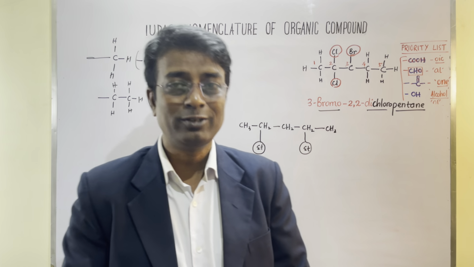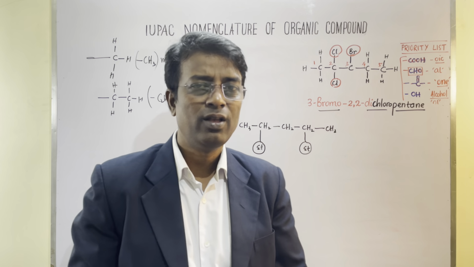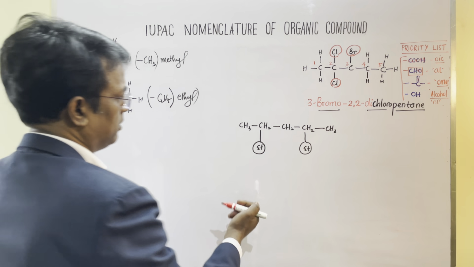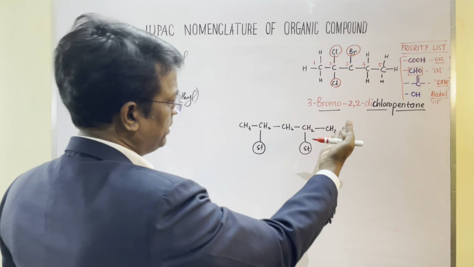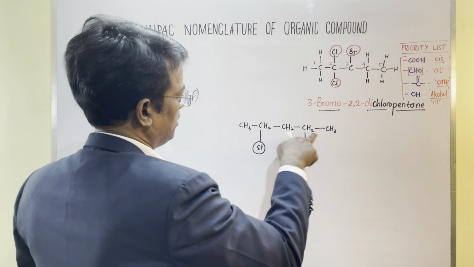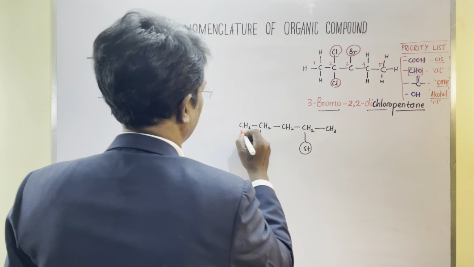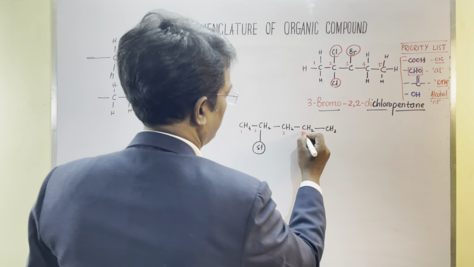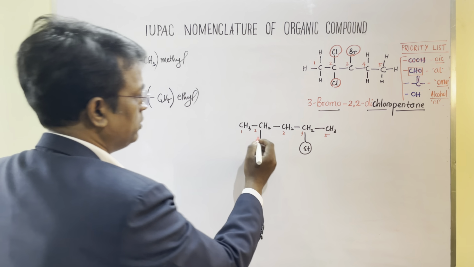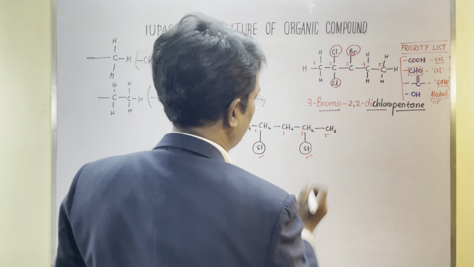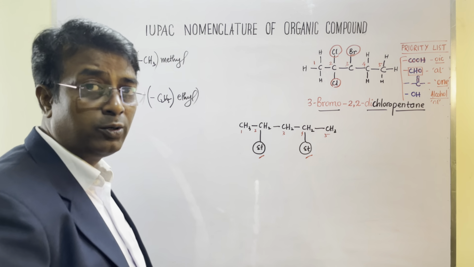Generally, without thinking twice, most of you will start numbering because these are the additional substituents here. In any case, if I start naming from this side or that side, the lowest number assigned will be 2. So it will be 1, 2, 3, 4, 5, and by this time you are aware, these ethyl groups are attached at the second position and at the fourth position.